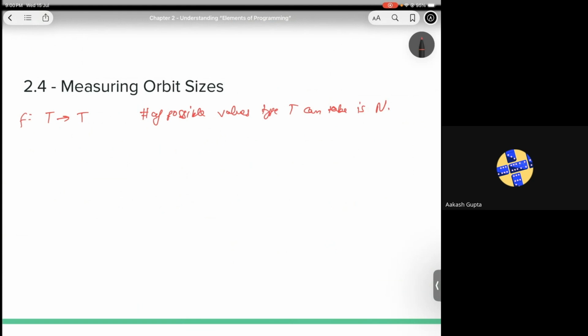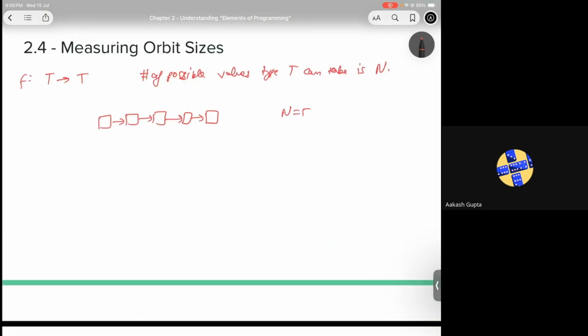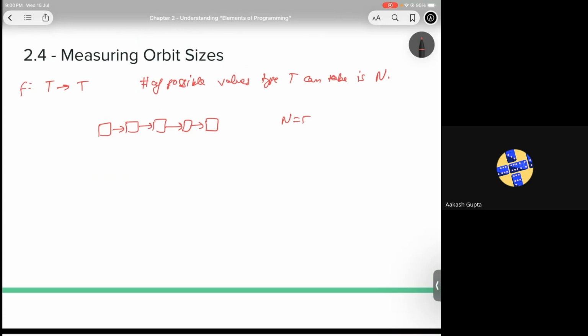Let's have a very simple example of the terminating orbit case, where n equals 5. So what are the possible values of handle that we can have? We can have a handle size of 1, or 2, or 5.